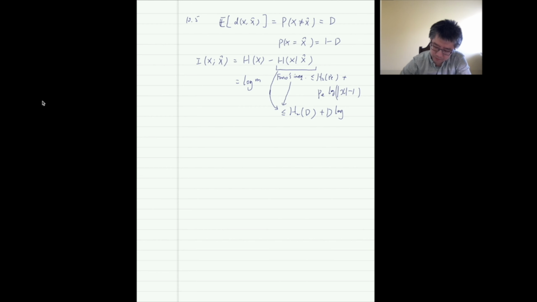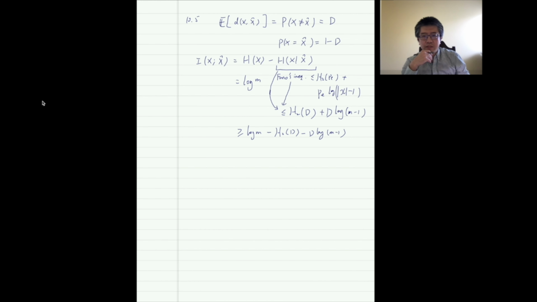There are M indices. So this is the Fano inequality. Therefore, we can get that the mutual information is bigger than or equal to log M minus H2(D) minus D log (M minus 1). Yeah, this is kind of tricky, by using Fano.